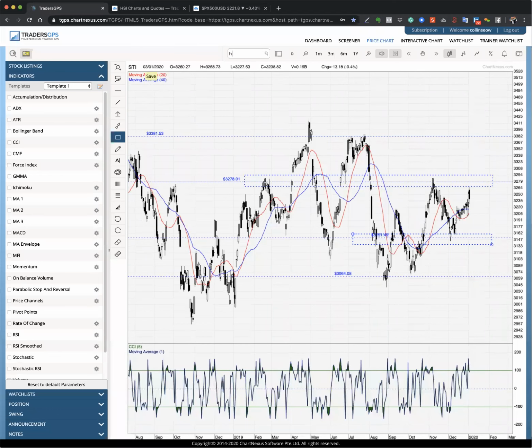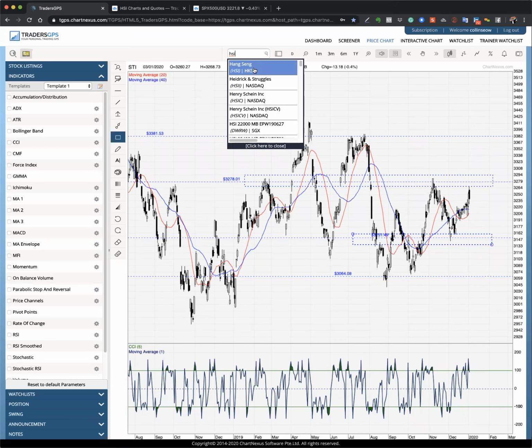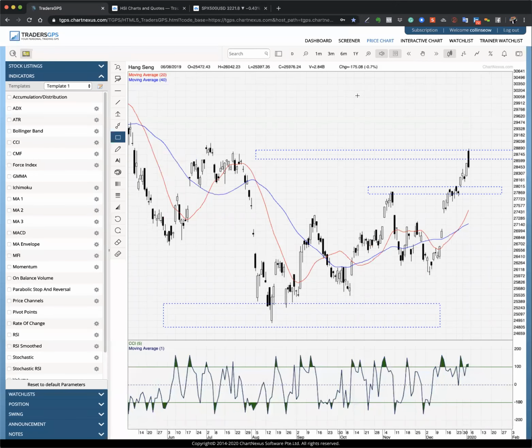Pete asked, for STI, what is the support resistance? So the resistance is around this area here. Support will be the previous resistance, which is this one, 27,900. That is the level of support.